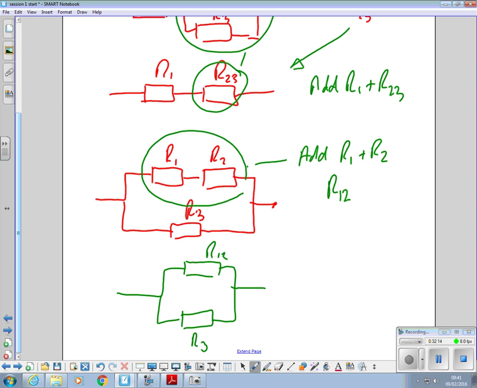So we do a parallel on R12 in parallel with R3. That's how we do that. We break the circuit down until we simplify it. Eventually, we get to a stage where we've got either parallel only or series only, and then we can find the total.